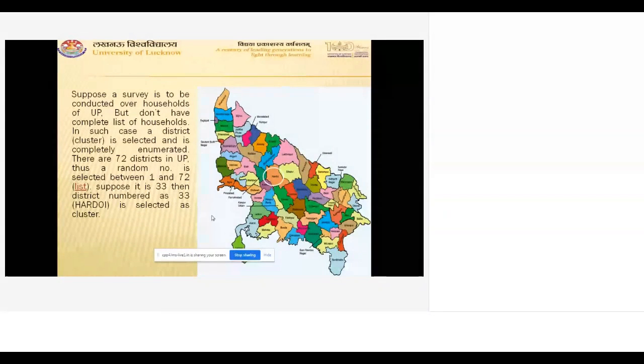The list I have considered, at number 33 there was Hardoi district. So my sample can be taken as Hardoi district, and the complete enumeration should be performed on Hardoi district. That is the example of cluster sampling.